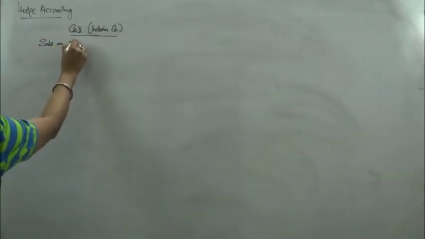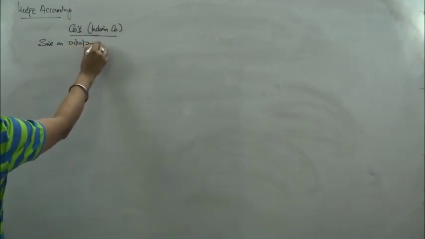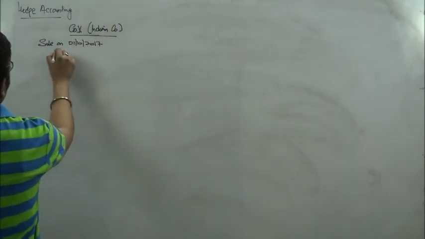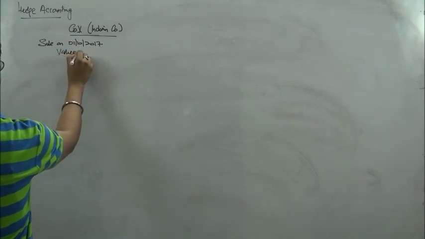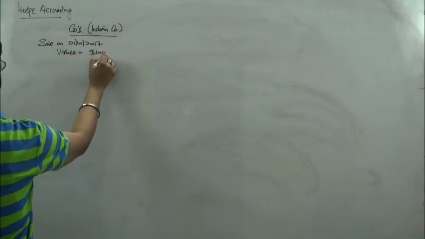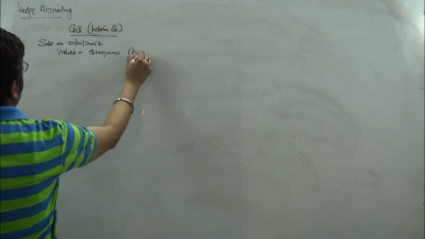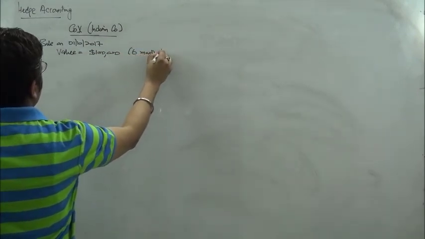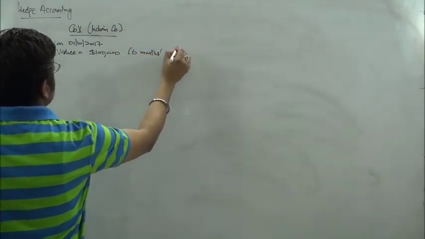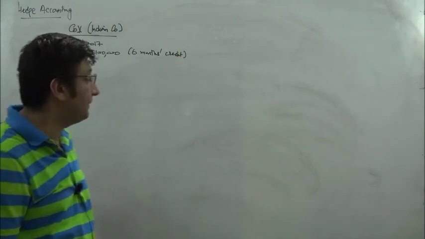There is a date of sale on 1st of October 2017. The value is $100,000. 6 months credit. The money will be realized on 31st of March 2018.